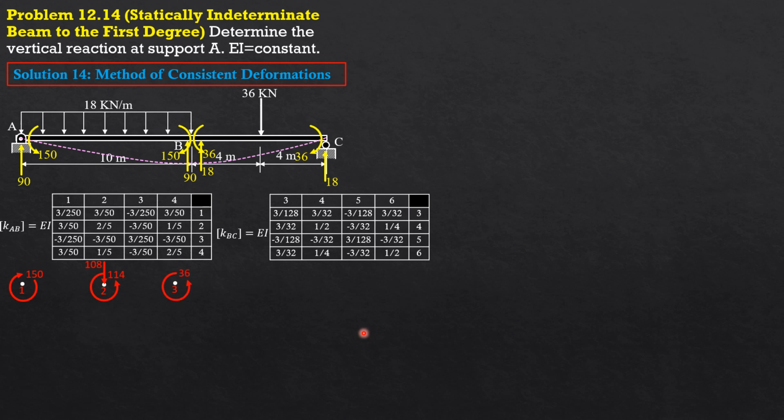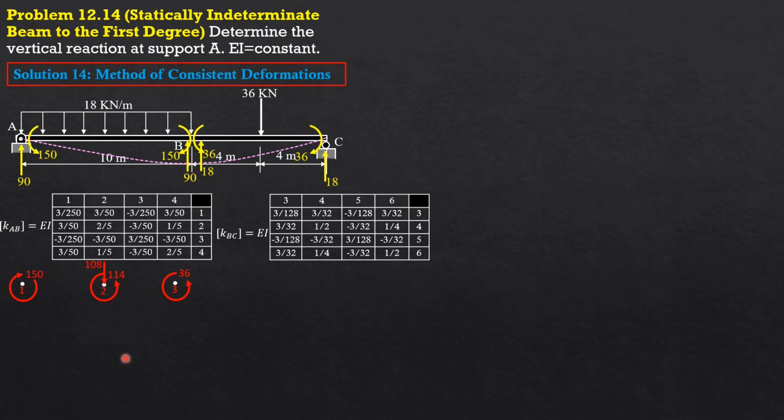So we are interested only in 2, 3, 4, and 6. So these are the nodal global forces, and this will be the structural stiffness or the global stiffness for 2, 3, 4, 6.